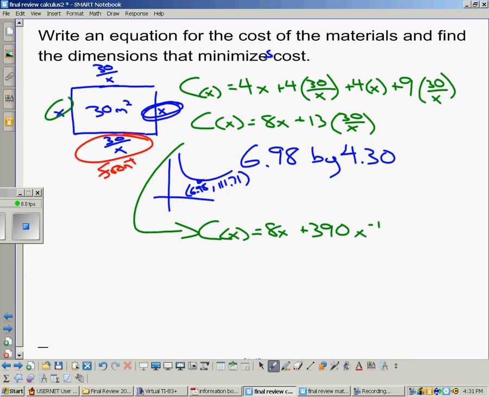If I want a min here, I know that that relates to the first derivative. That'll give me 8 minus 390 x to the negative 2. If I want to find a min, that's going to be a horizontal tangent, so my C prime would be 0: 8 minus 390 over x squared.